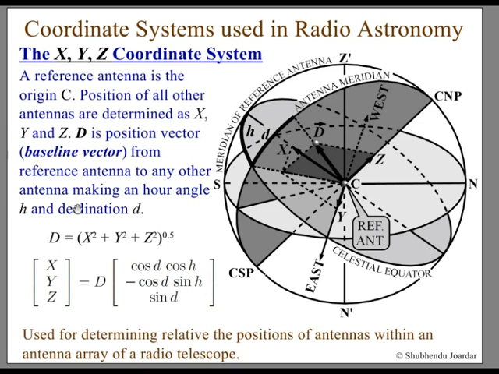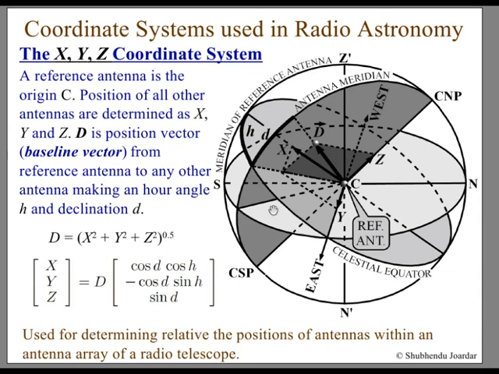What I want to say is that there is a thing called a reference antenna. For example, in the GMRT array, you have a reference antenna in the central square, and all other antenna positions are calculated with respect to that reference antenna.